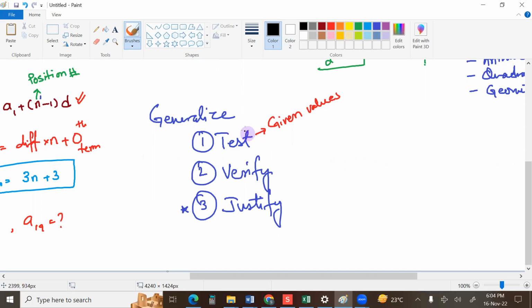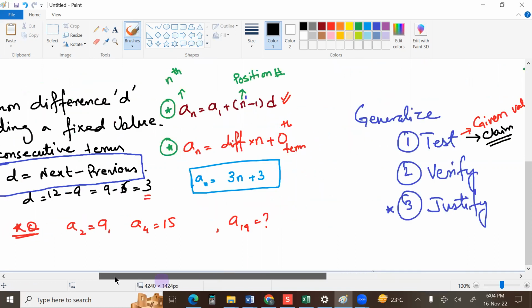You have to announce that I'm going to test, and for test, you use given values. If your general rule gives the same values, then you say that my rule is correct. In short, you put up a claim, a statement that your general rule is giving the same values as you have in the table, or in the list here.